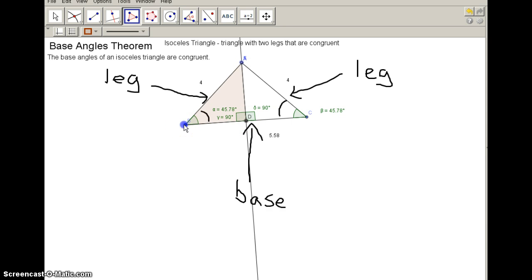So here's triangle ADB, and I'm going to make a copy of that. Let's make triangle ACD and bring it back here. So now I've got two triangles, right? But what do I know about these two different triangles?